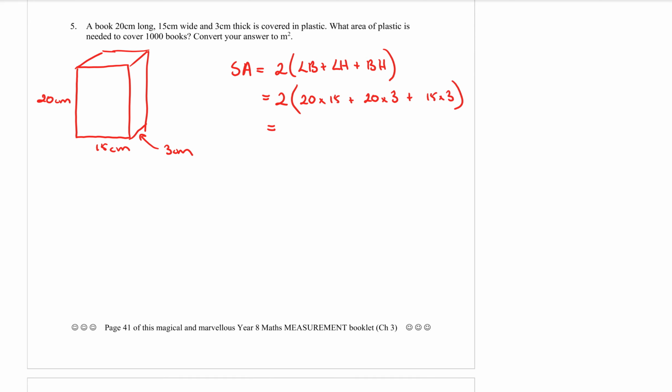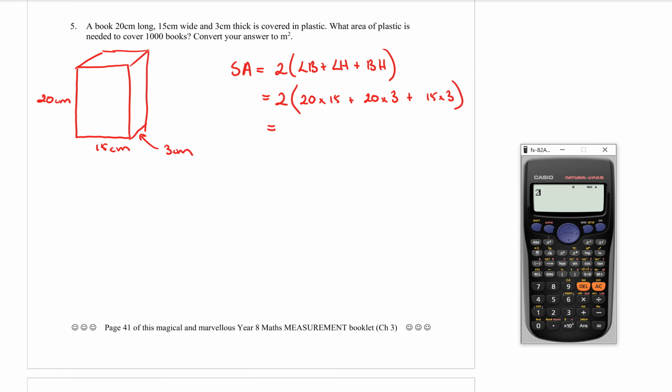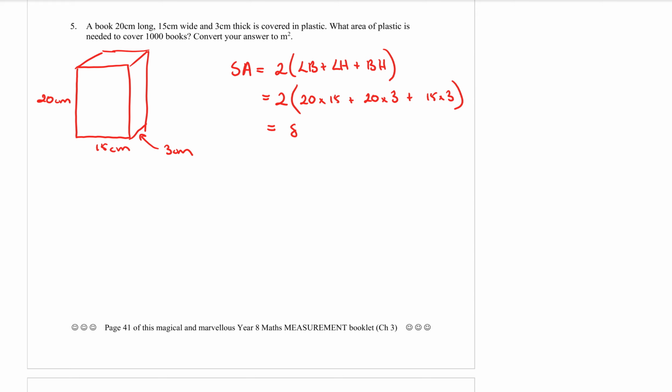So that would be the amount of plastic required to cover one book. So it's 810 centimeters squared.